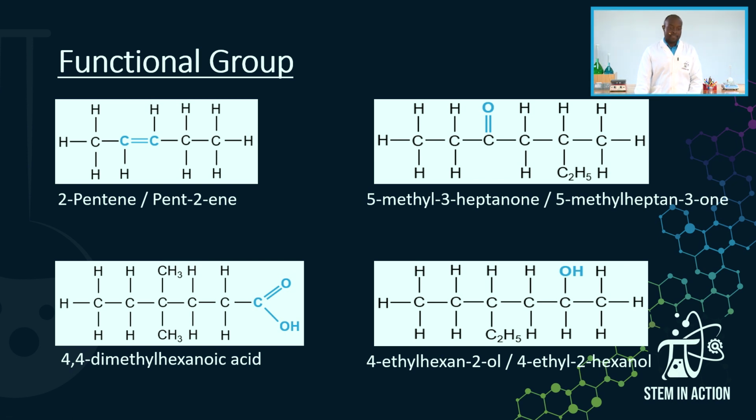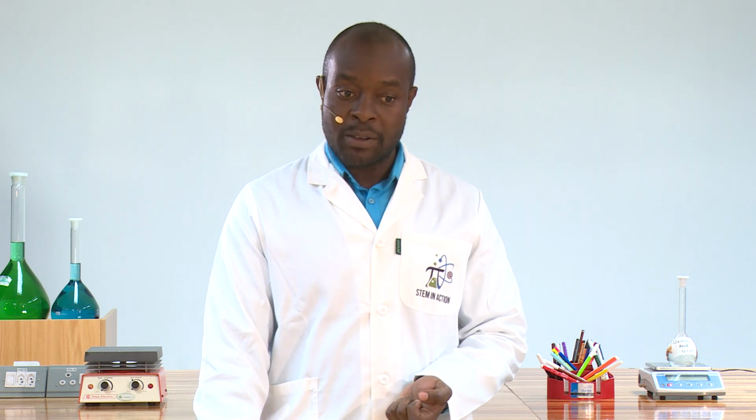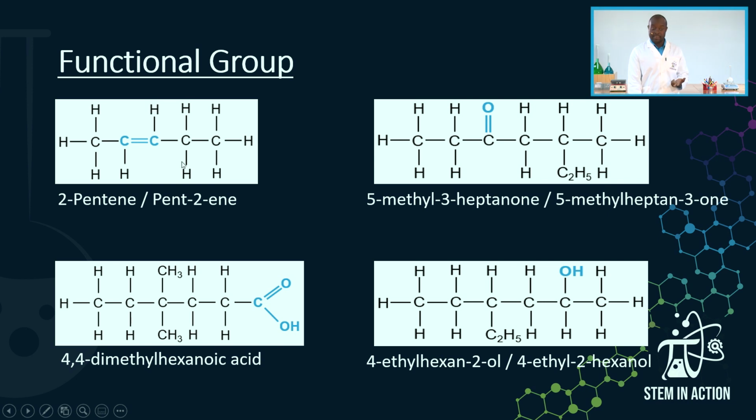So, whilst we're still on functional groups, I would like to mention some of the properties that arise from different functional groups. So if we look at the first compound, you would remember that when we started, we said that compounds that only have got carbon and hydrogens tend to be non-polar compounds. And the first compound only contains carbon and hydrogens, and therefore is going to be a non-polar compound.